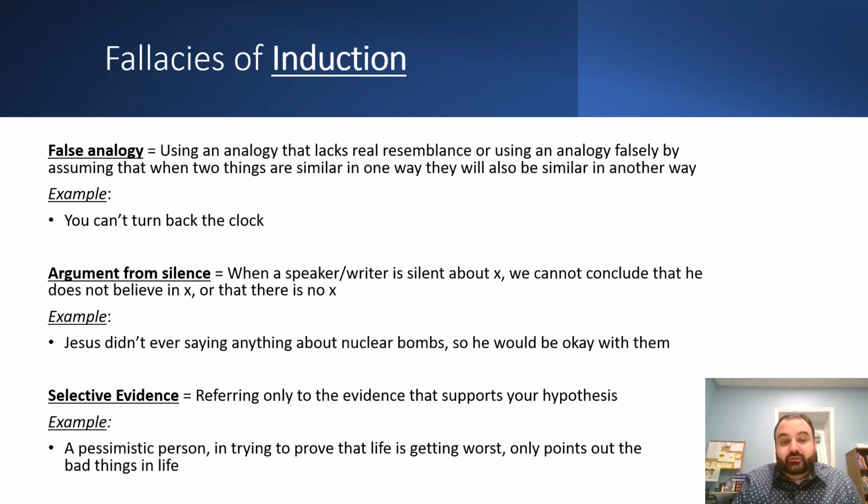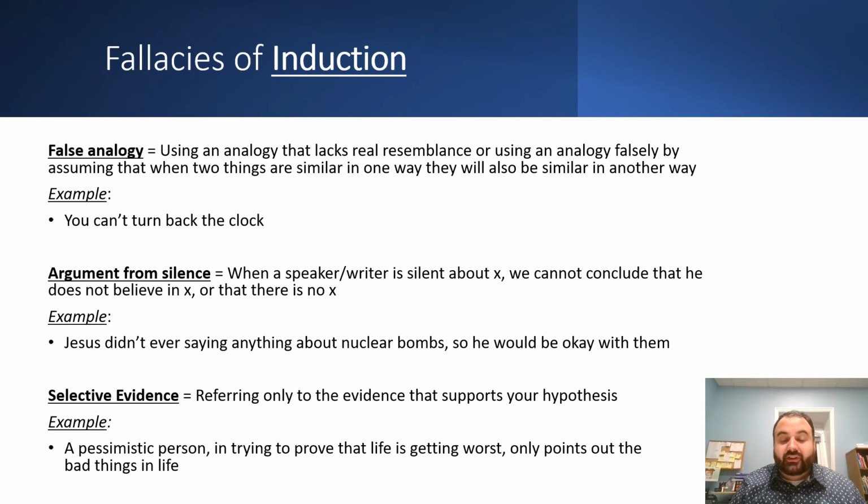Selective evidence. This is referring only to the evidence that supports your hypothesis. A hypothesis in the scientific method, by its nature, means that you have to test a hypothesis, see the evidence that comes forth, and make the conclusion based on that. You can't just pick the evidence that proves your point and then say, aha, my point is true. No, you also have to take into consideration the evidence that disproves your point, put it together, and then try to make the conclusion.